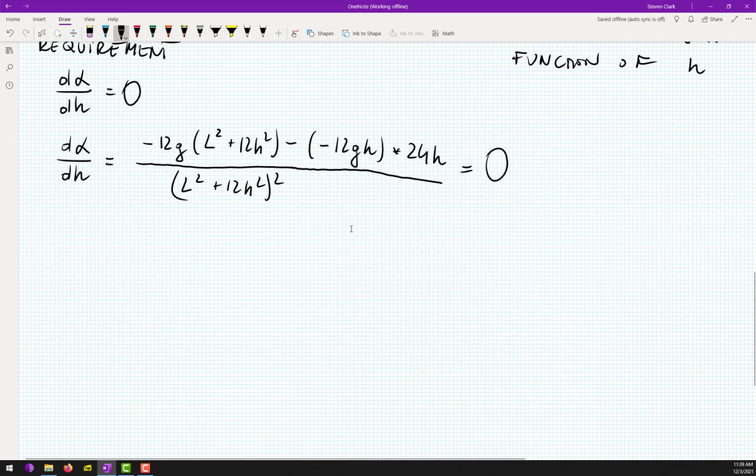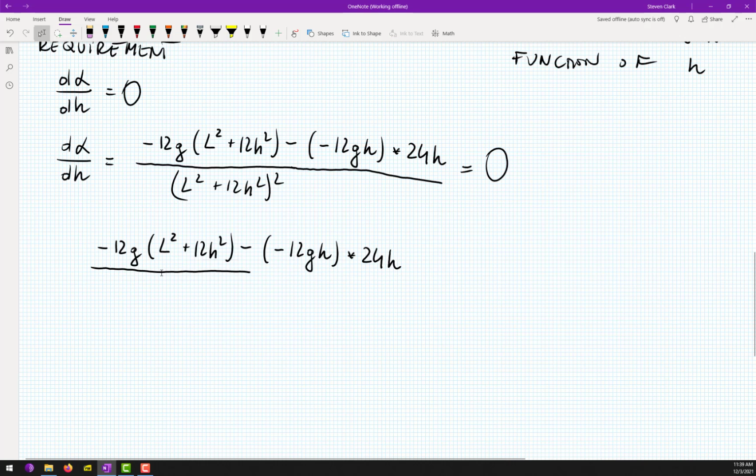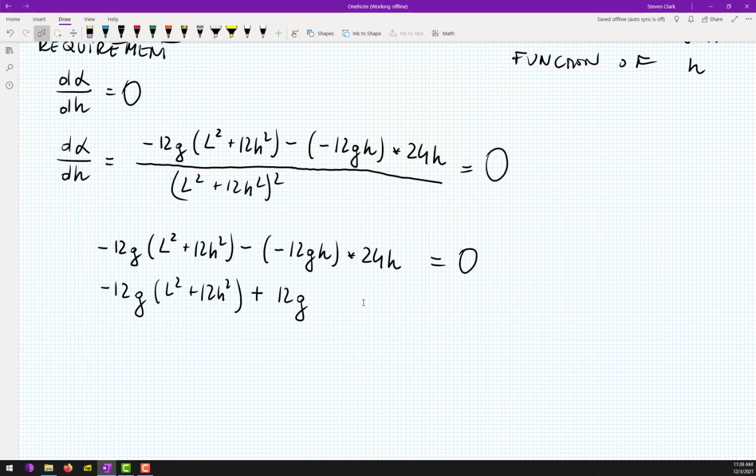Okay, so I can copy the numerator here, and this is equal to 0, and I think that some things will simplify here, yeah? So we will have here minus 12g times l squared plus 12h squared, plus 12g h squared times 24. But these things cancel out. That 12 can be cancelled out.